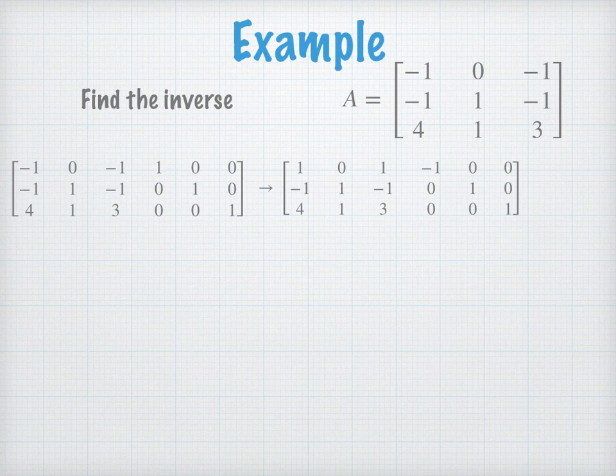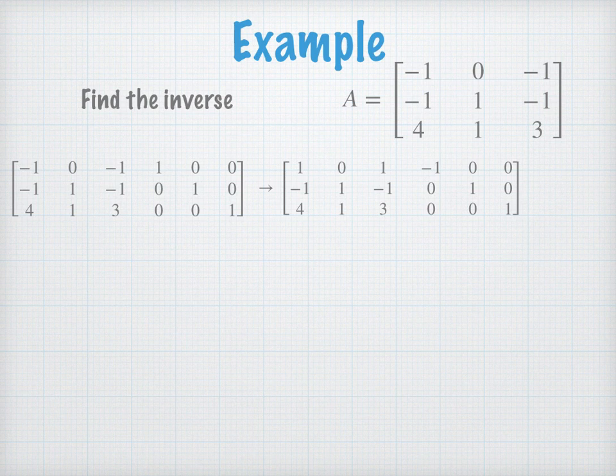Our next step is going to be to get the other items in that first column to become 0s. So next we're looking at our first column, second row, and we're saying negative 1. What would I add to negative 1 to make it 0? Because whenever we try to make something 0, we're trying to say, what do I add to this to make it 0?